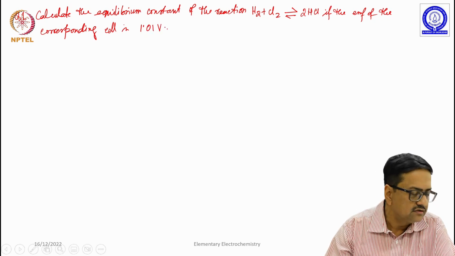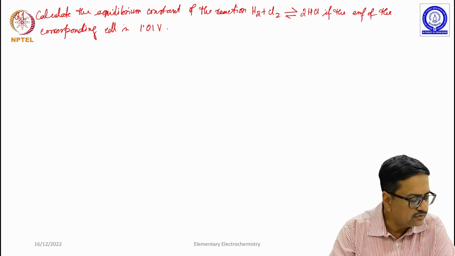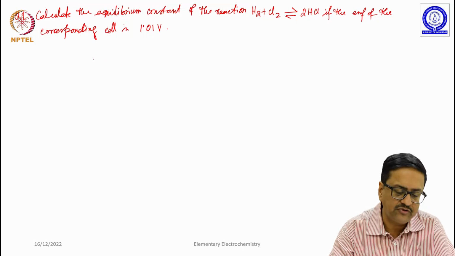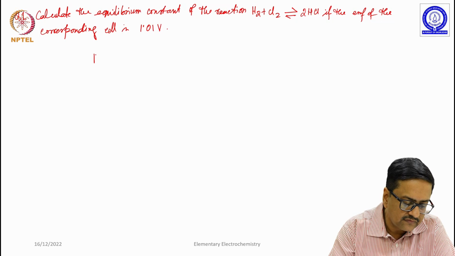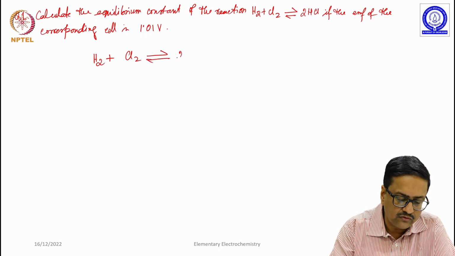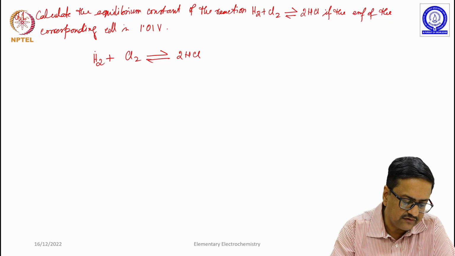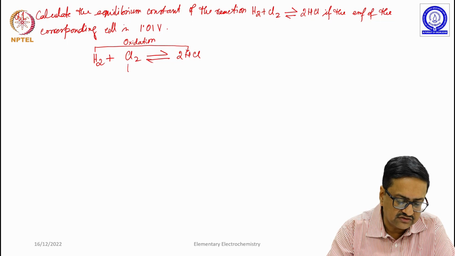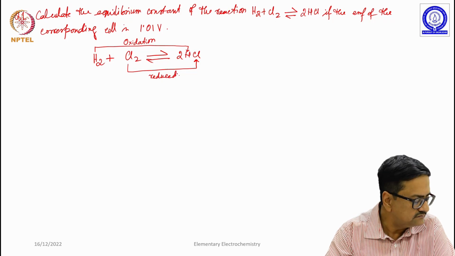Right? So, to solve this problem, we first need to write down the chemical reaction that is happening at this cell, H2 plus Cl2 forming 2 HCl, which is given. Here hydrogen is getting oxidized and chlorine is getting reduced.